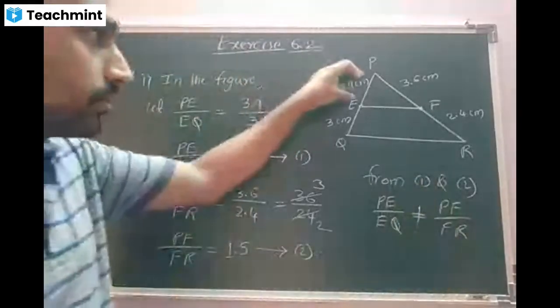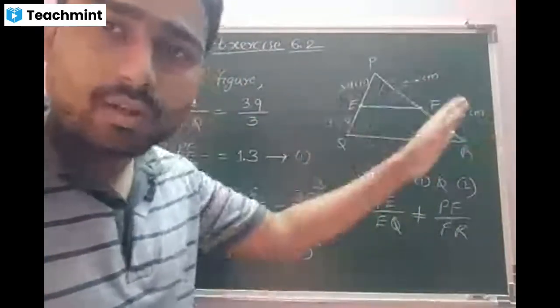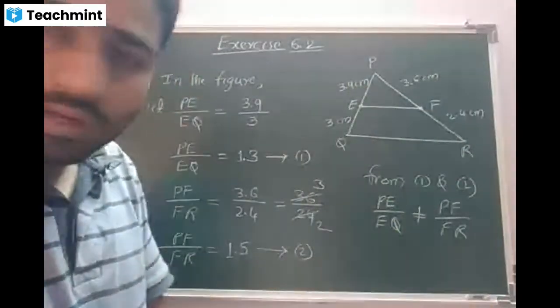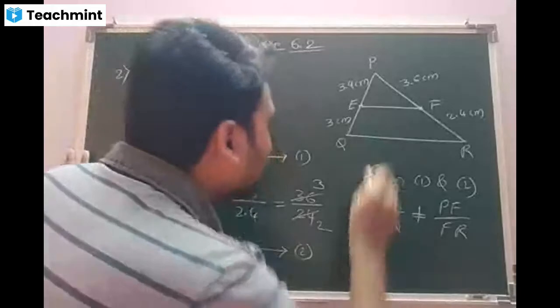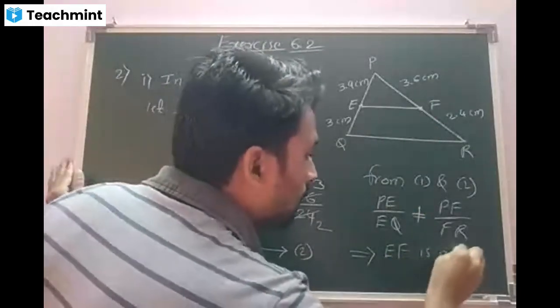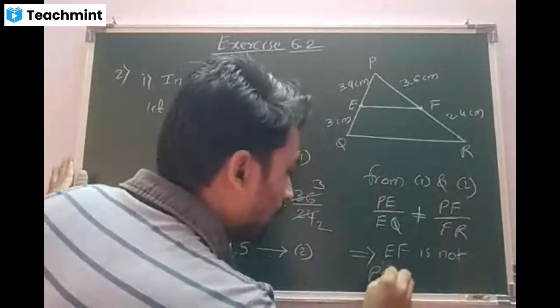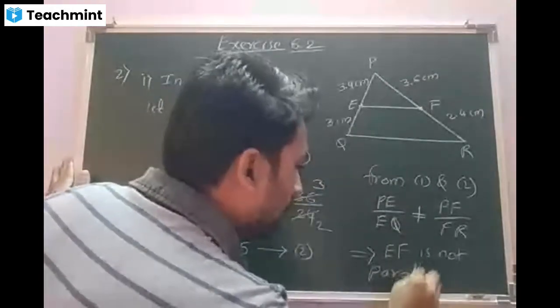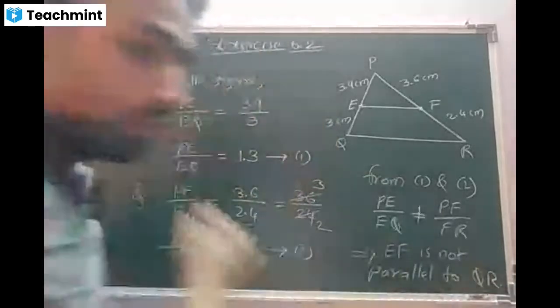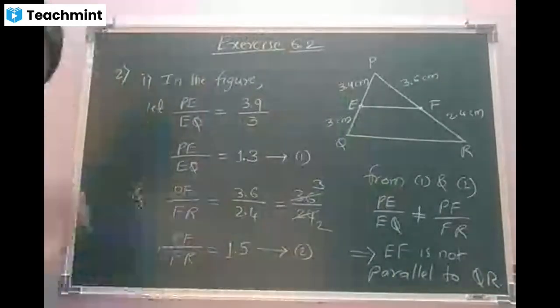When the ratios of two parts, part by part, are not equal, we can say EF is not parallel to QR. Write down, students, quick, fast.